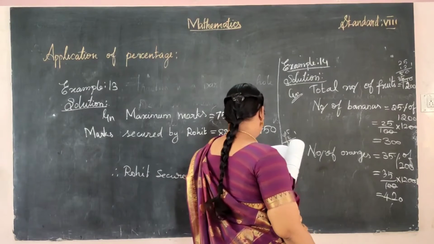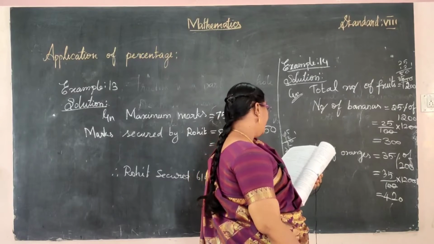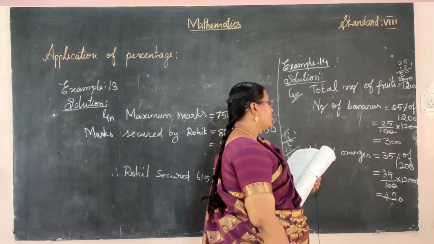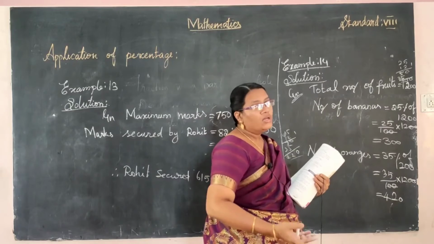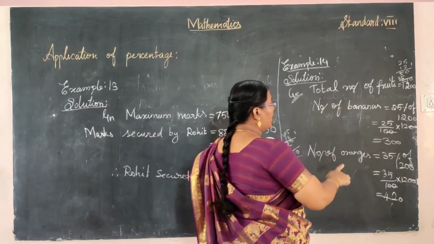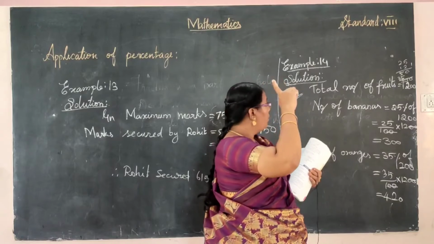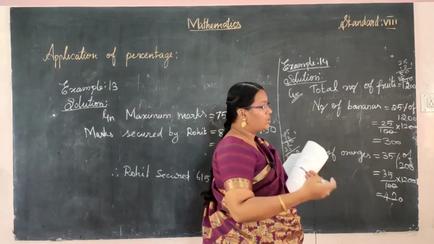420. Okay, and next, the rest are mangoes. So what do we do? Add these two values and subtract from the whole, the total number of fruits.